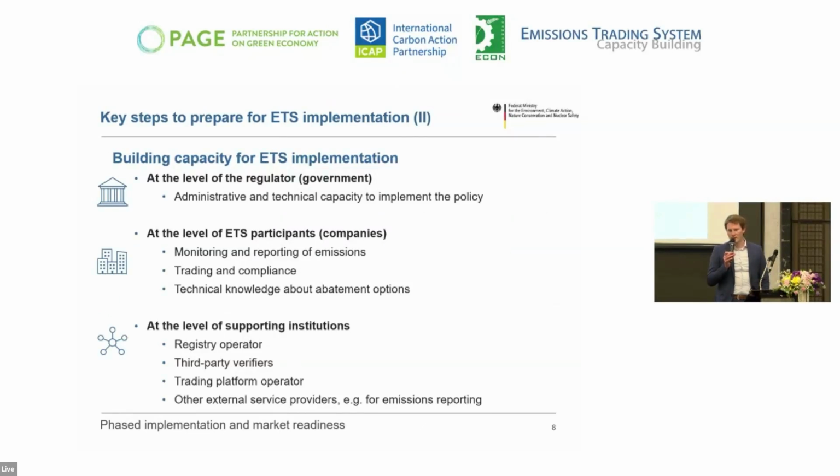And also there should be some capacity building about abatement options, industry specific, because this is what we're actually ultimately aiming for with an ETS. The same goes for supporting institutions that I already mentioned.